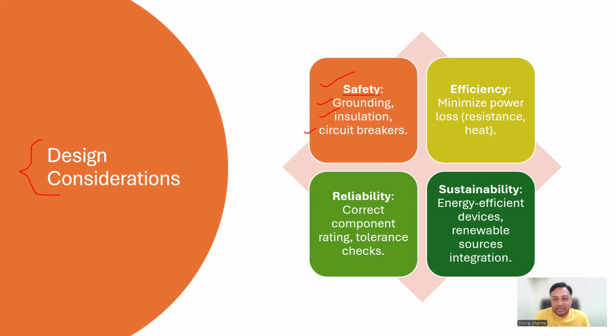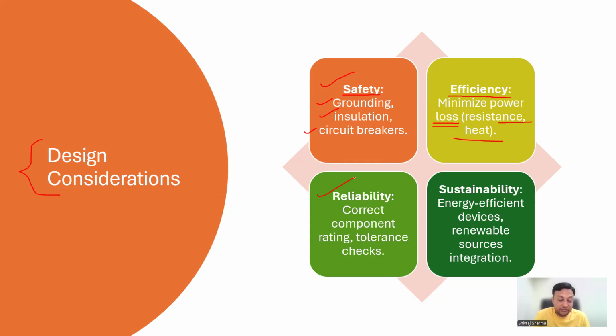Okay, and efficiency. Nowadays, the era is to give maximum efficiency in different types of things. So minimize the power losses, right? Resistance, the heat release, you need to manage that thing. So the efficiency of your system will be more.